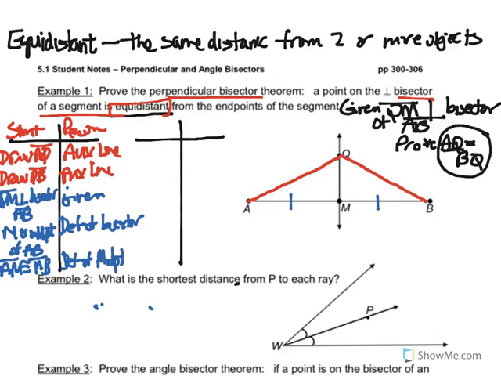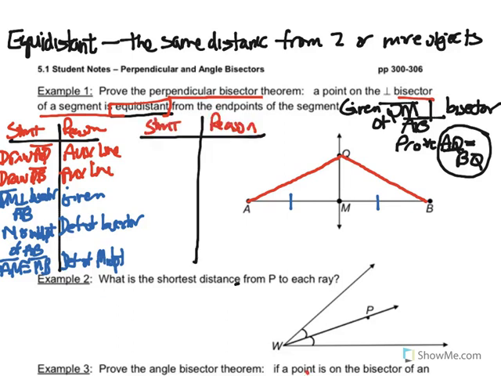Okay, now, hang on there. Okay, and now let's see here. We can say angle AMQ, which is this angle right here, is a right angle. And that is definition of, gosh, I can't write on this thing.